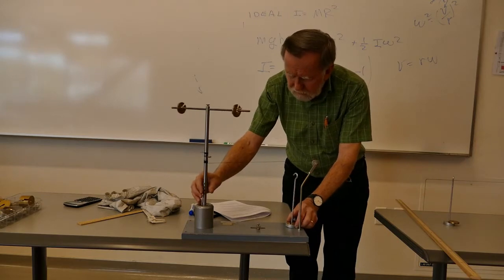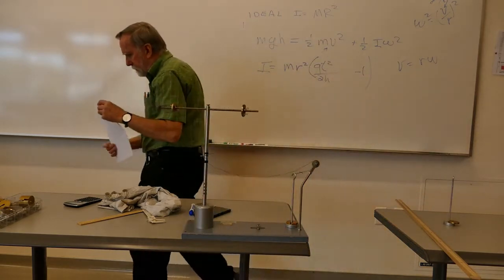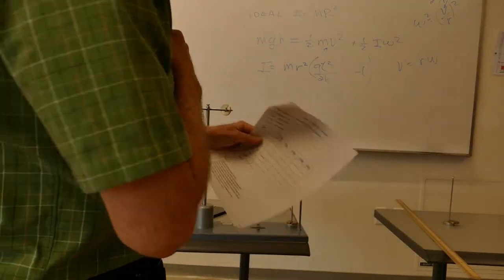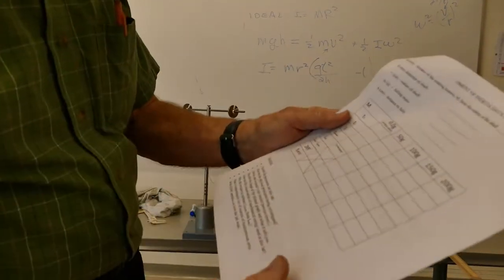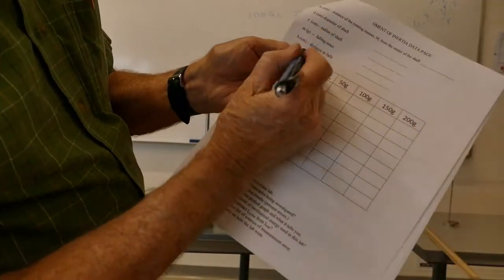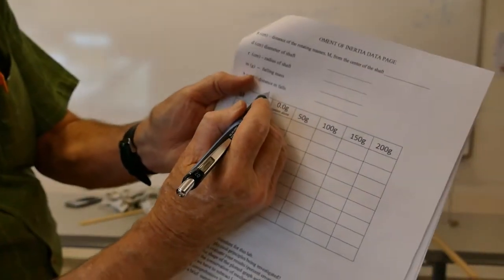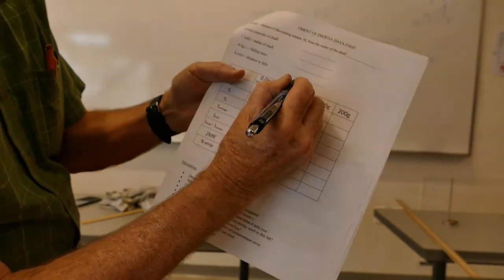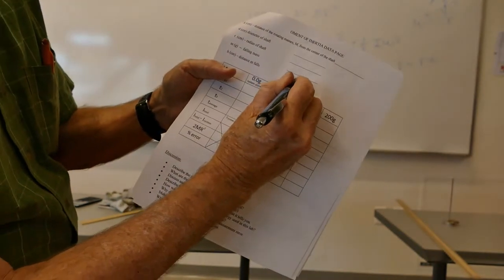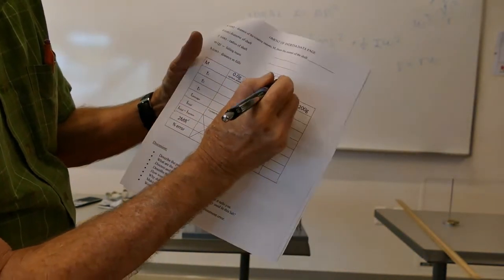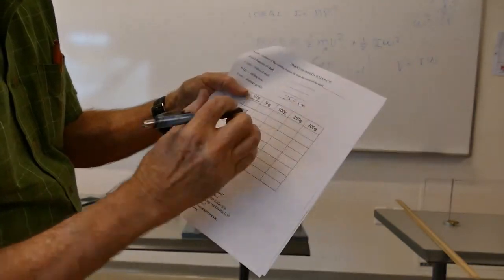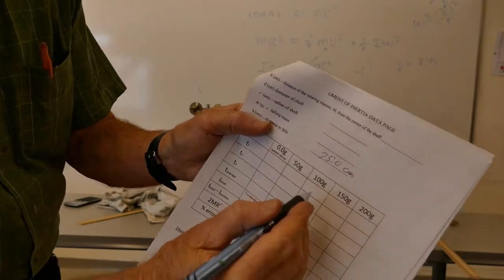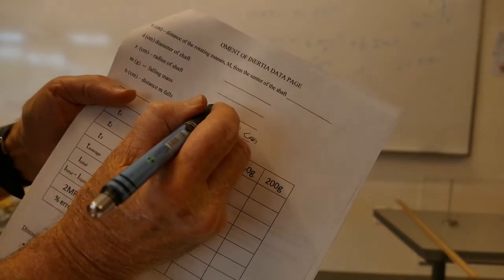So on your data page, page 3, where it says h, the distance in centimeters that m falls, we're going to record that as 75.0 centimeters. The mass of the falling mass is just 100 grams.